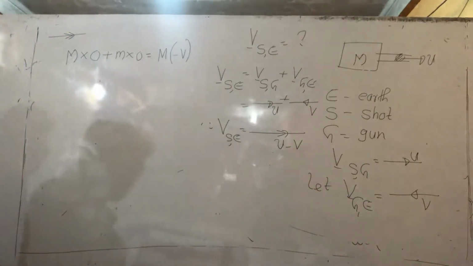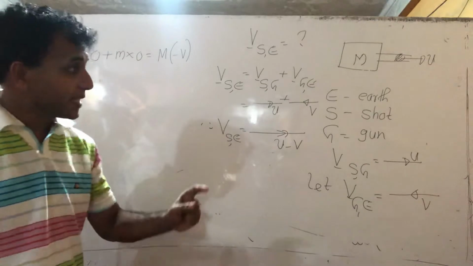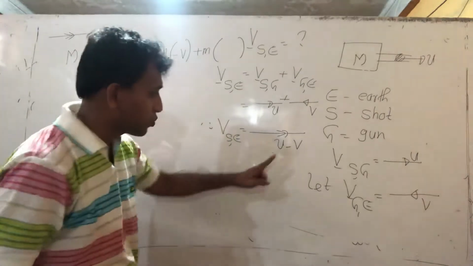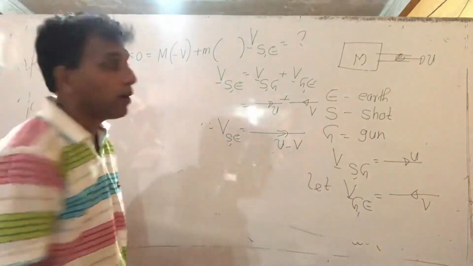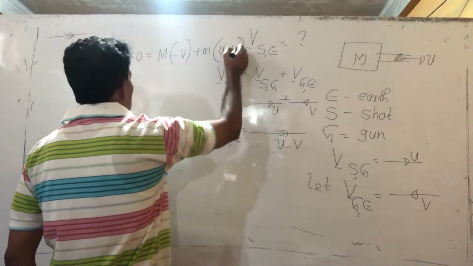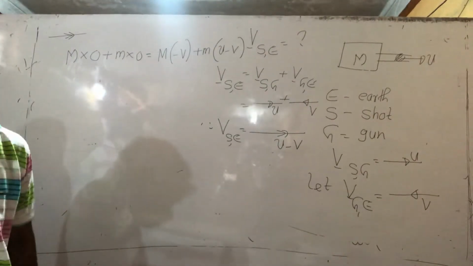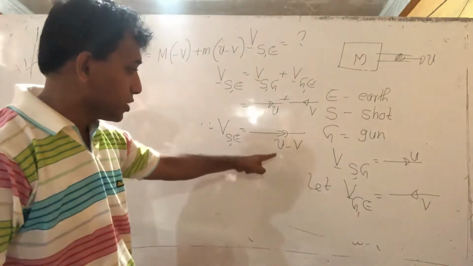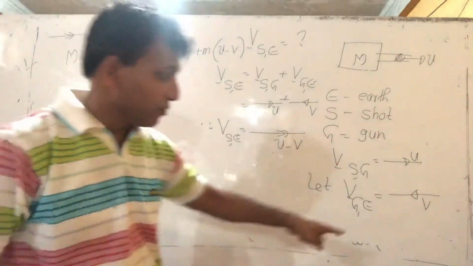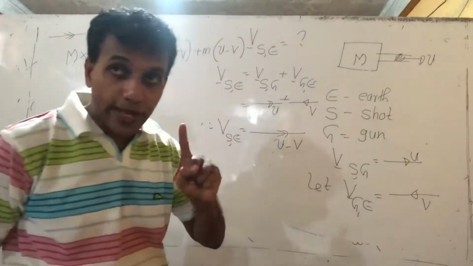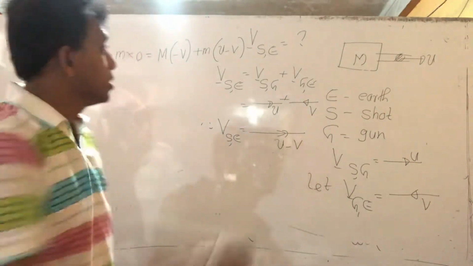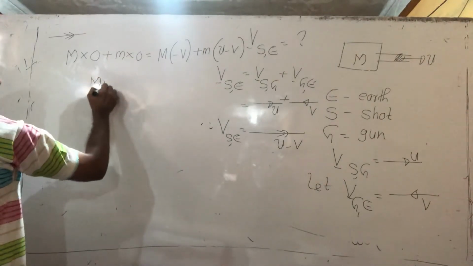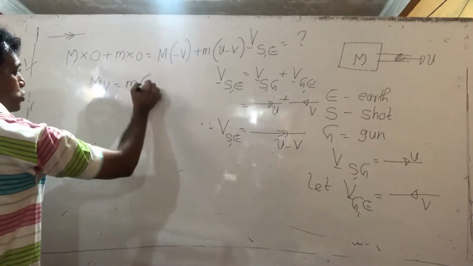Also write for the shot, its mass is small m, and its velocity is u minus v. So here you can find the answer for capital V. After you know V, you can find u minus v, which is the actual velocity of the shot. V is the actual answer, u is not actual, u minus v is the actual. First, to find V, take this side: M V equals small m into u minus V.